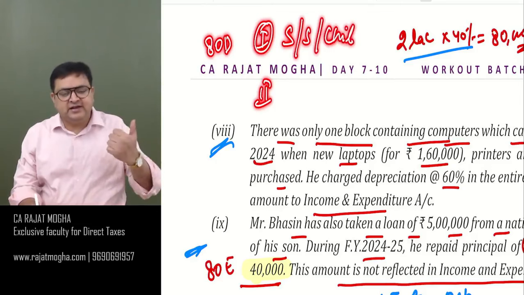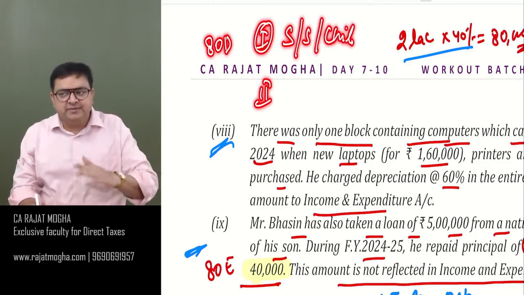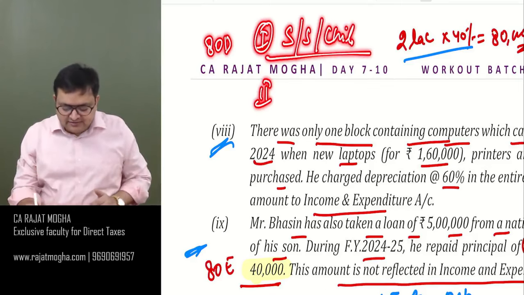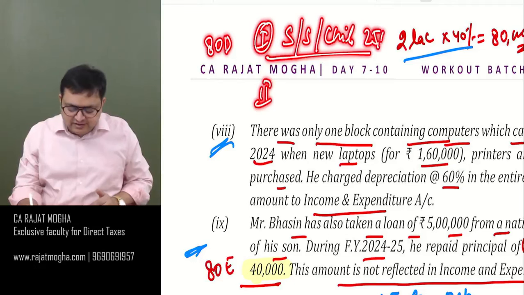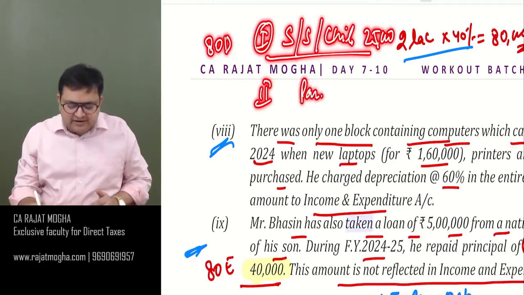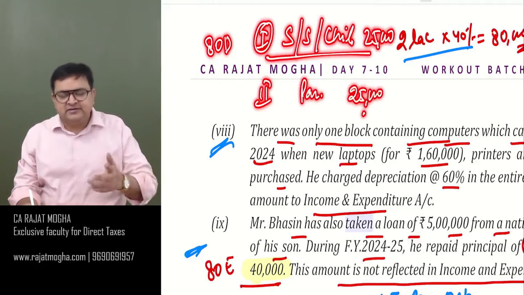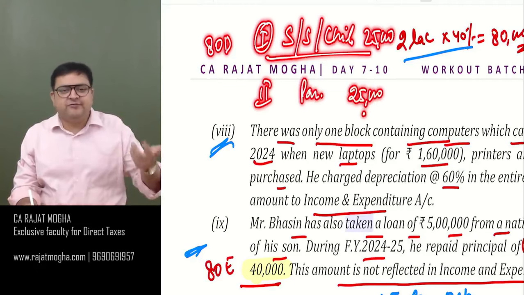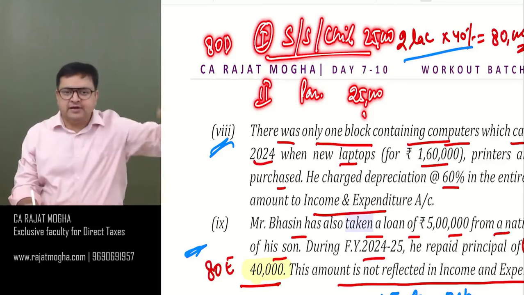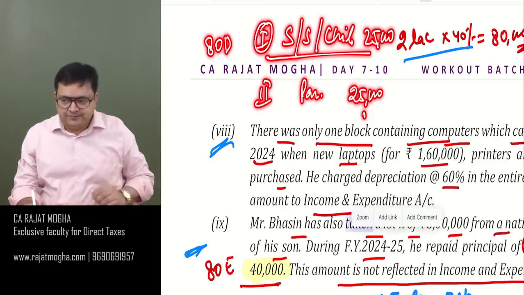See, in 80C, life insurance, children can be dependent or non-dependent, but in 80D, children should be dependent. So for self, spouse, and children, 25,000 is the limit. For parents, parents can be dependent or non-dependent, 25,000 is the limit. Any of them as a senior citizen, then the limit will go from 25 till 50, right? Preventive health checkup, 5,000 is allowed overall.